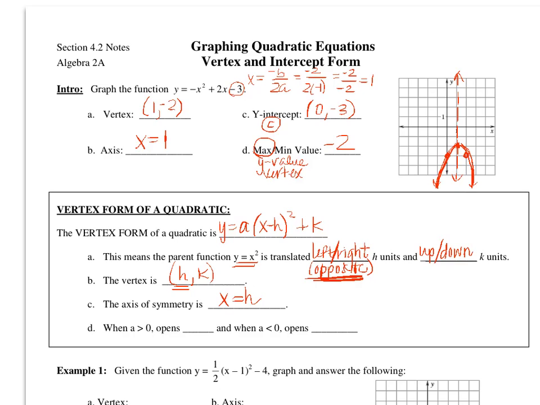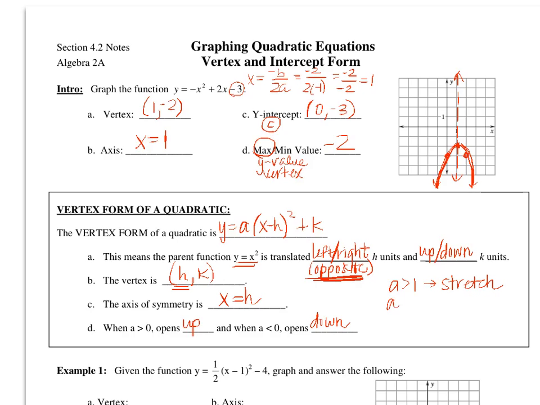If the value of a is positive, like yesterday, our graph will open up. If the a value is negative, our graph will open down. I also want to add one more stipulation that's not in here: if a is greater than 1, then we consider this a stretch.